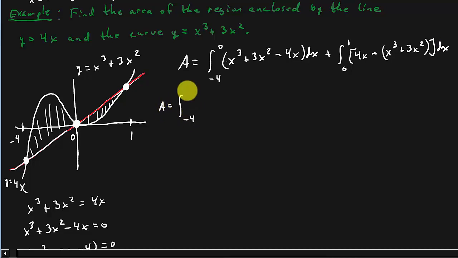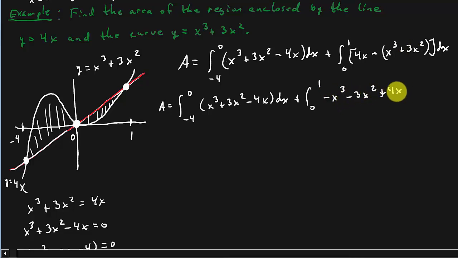That's going to be the integral from negative 4 to 0 of x cubed plus 3x squared minus 4x dx, plus the integral from 0 to 1. I'm going to distribute the negative: negative x cubed minus 3x squared plus 4x dx.